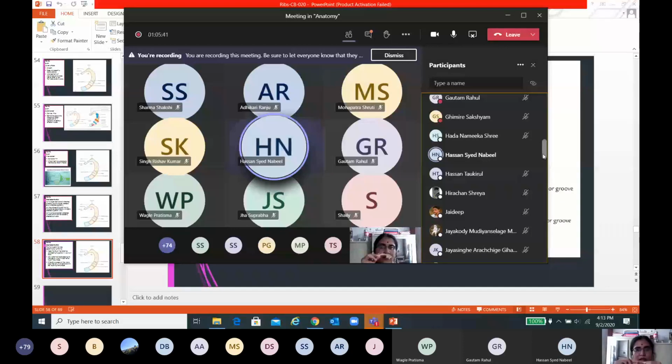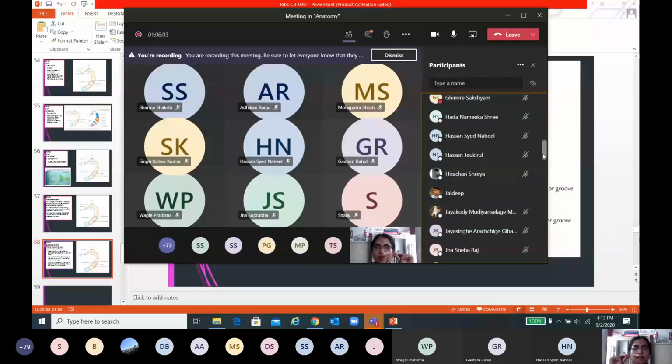Now, Jaideep, are you there? Yes, ma'am. Jaideep, this is the anterior surface of the neck of the first rib. See, I am showing you. Can you enumerate the structures related to this anterior surface of the neck of the first rib in order? There are 4 structures. What are they? From medial to lateral.